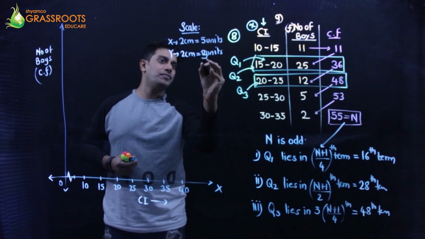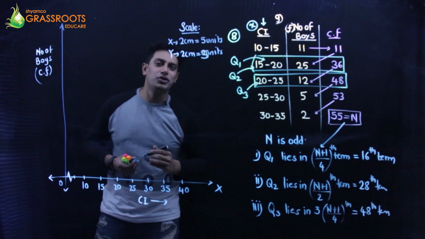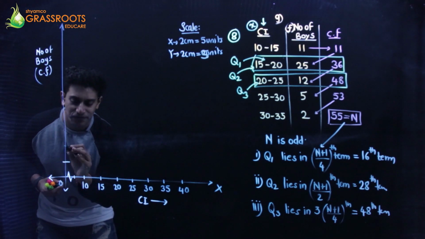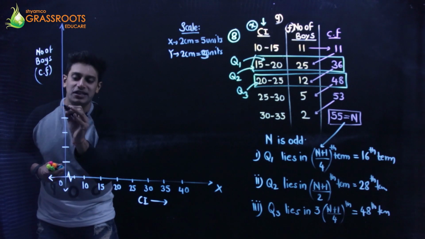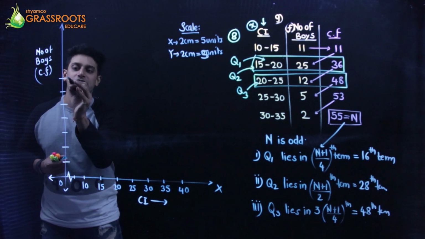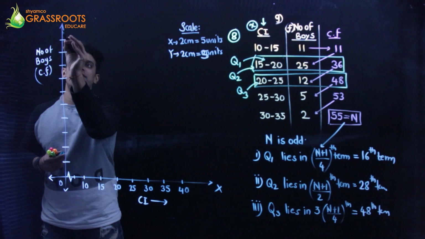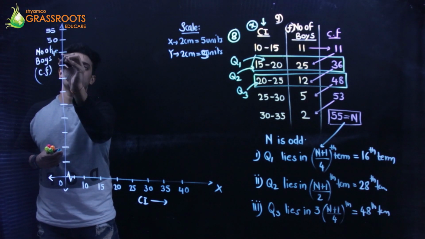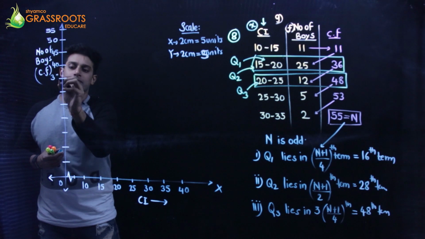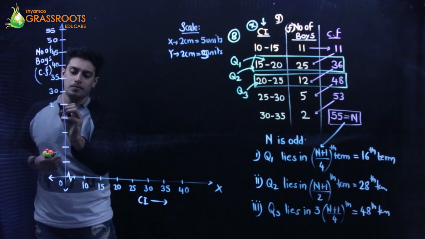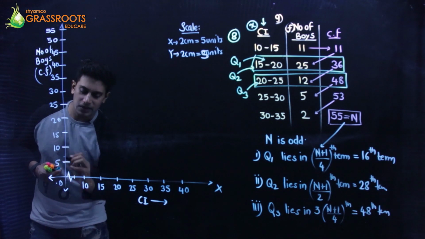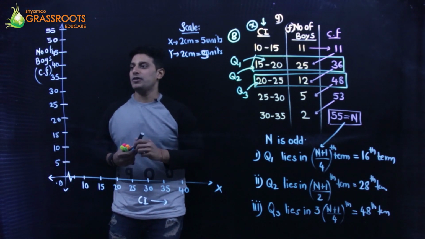Make it 5. 2 will not fit into the graph. So I can take 5, 10, 15, 20, 25, 30, 35, 40, 45, 50, 55. 0. That's CF for y'all.